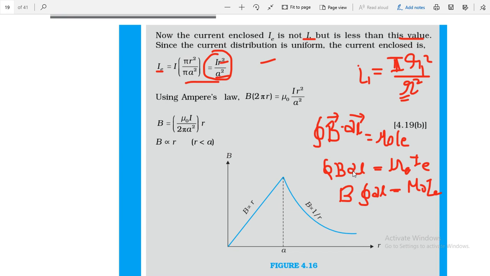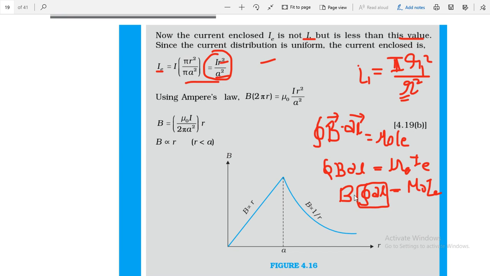Now a closed loop always gives total length 2 pi r if radius is r, 2 pi r1 if radius is r1, 2 pi a if radius is a, and this integral of dl is equal to 2 pi into the radius of the circular Amperian loop.